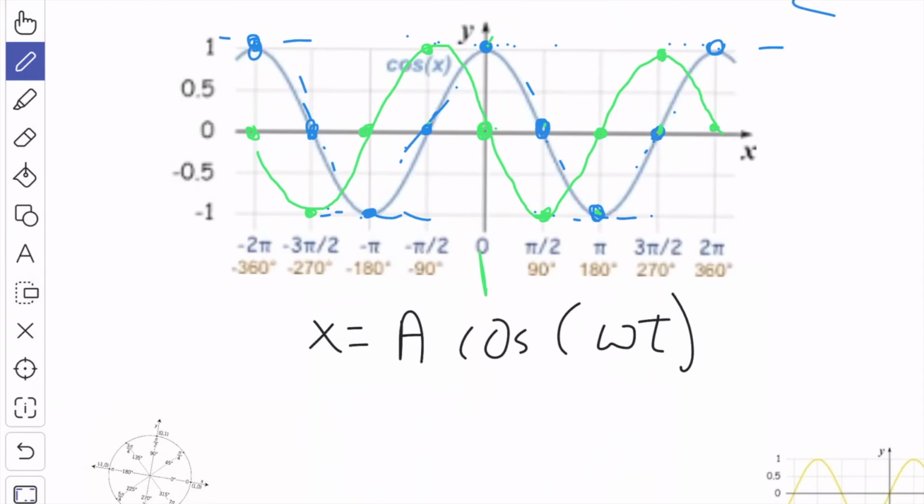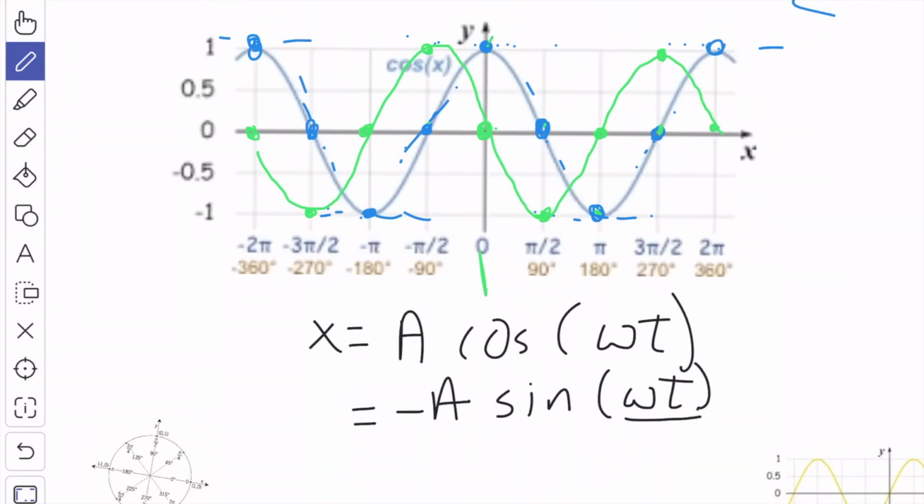We want to see what the formula for velocity and for acceleration would be. So we start the same way. The derivation starts simply: a stays the same. Cosine becomes negative sine, so we'll put negative sine of the angle.